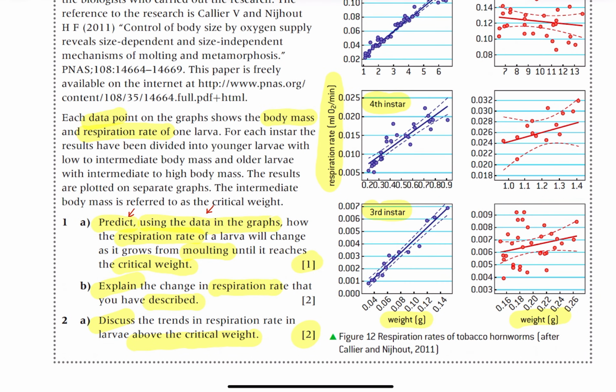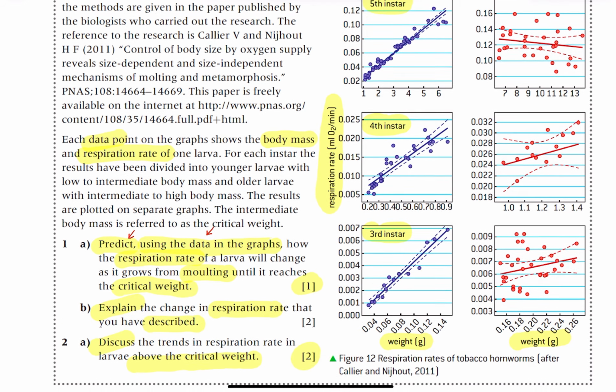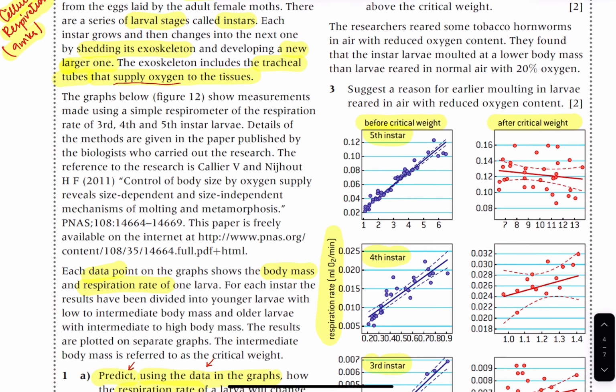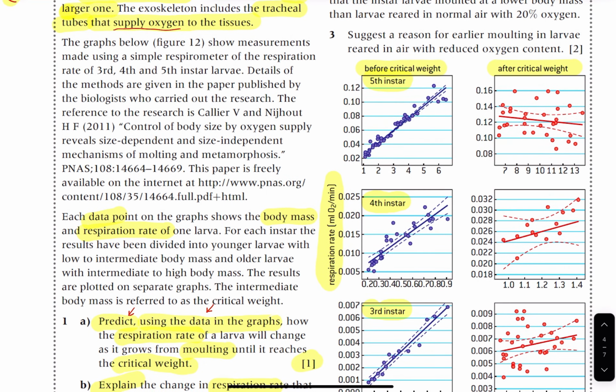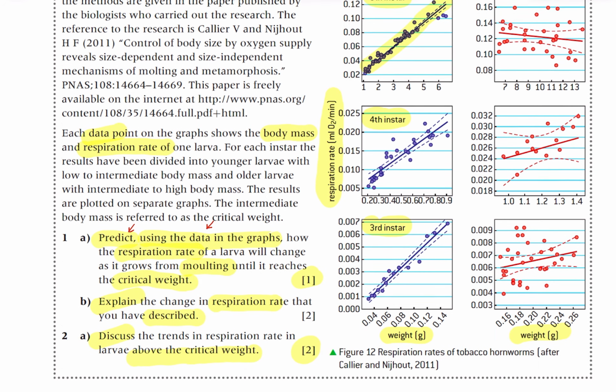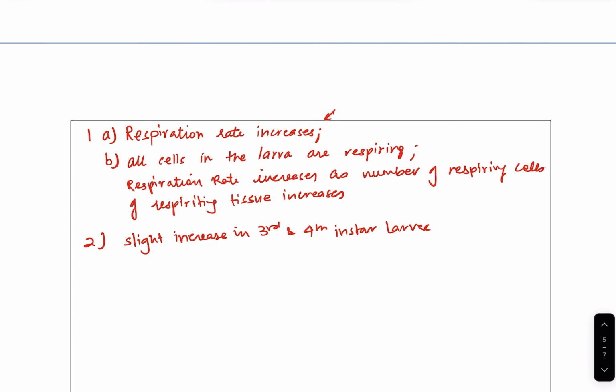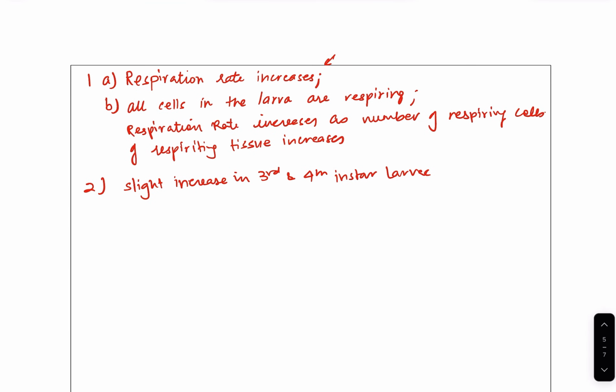So it is increasing. But if you see the fifth one, the values are very close. So you can simply say they're statistically not very significant, or you can say there is a slight change in the fifth one.